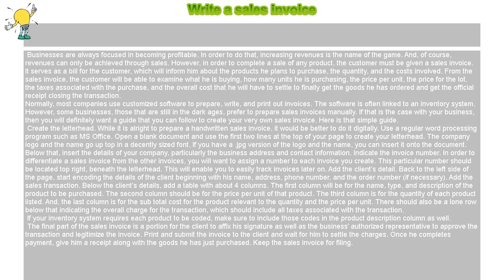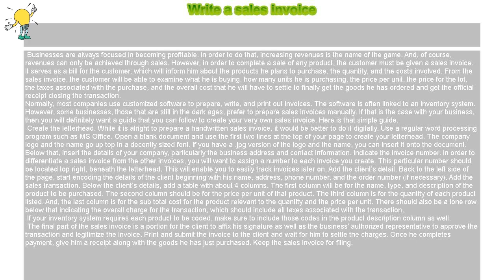And the last column is for the subtotal cost for the product relevant to the quantity and the price per unit. There should also be a lone row below that indicating the overall charge for the transaction, which should include all taxes associated with the transaction.